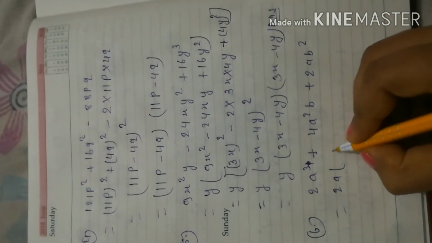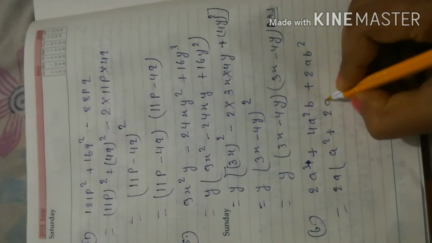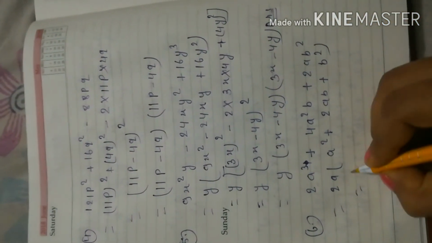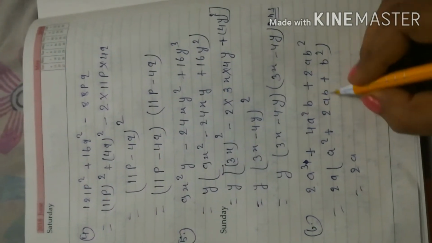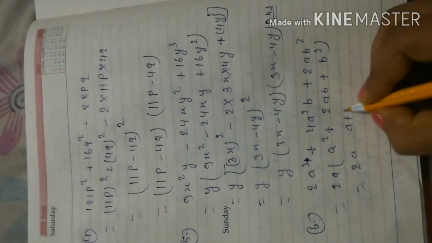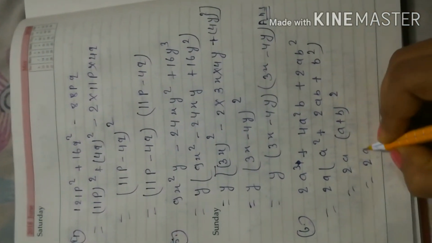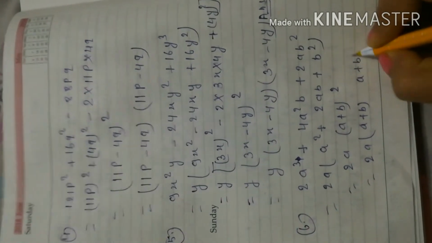If you take 2a as common, then here is left a square plus 2ab plus b square. Now here you can see a square plus 2ab plus b square already is in the form of (a plus b) whole square. So we can write 2a into (a plus b) into (a plus b).